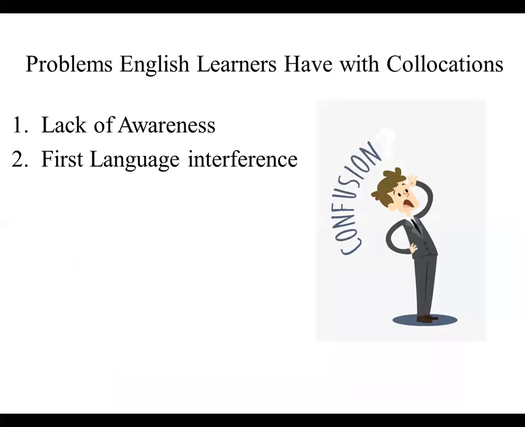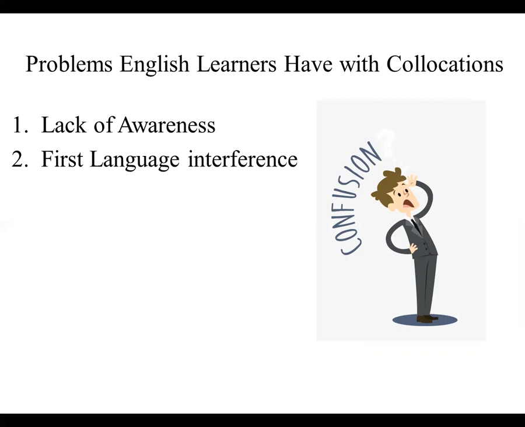One of the biggest problems with collocation is its arbitrary nature, because we don't know the rule or reason why we should use these words together. So English learners can have the following problems.